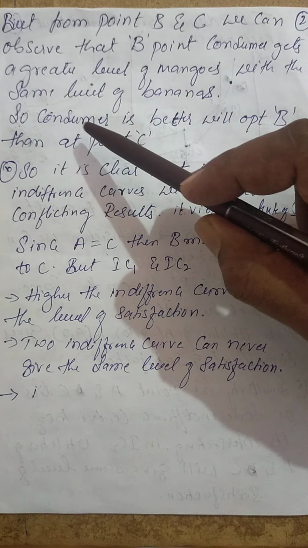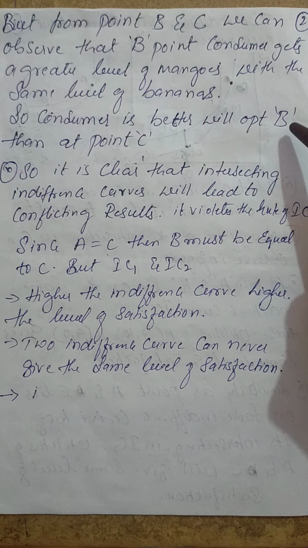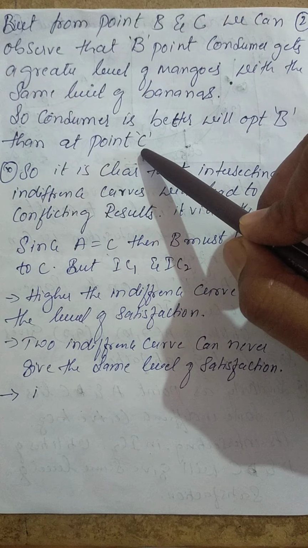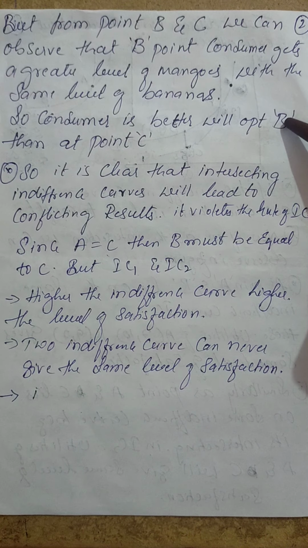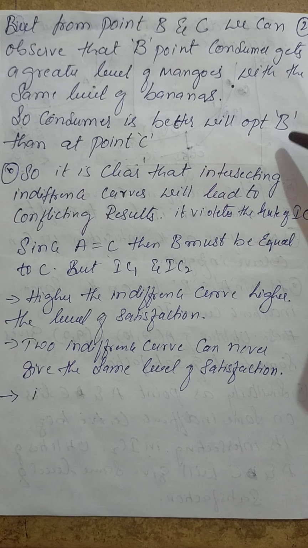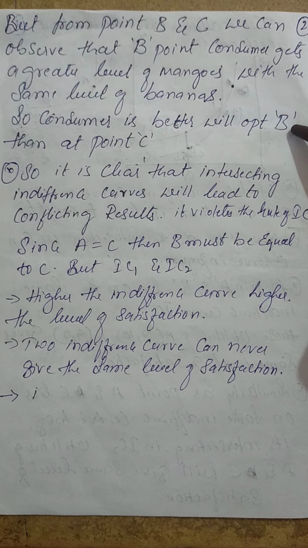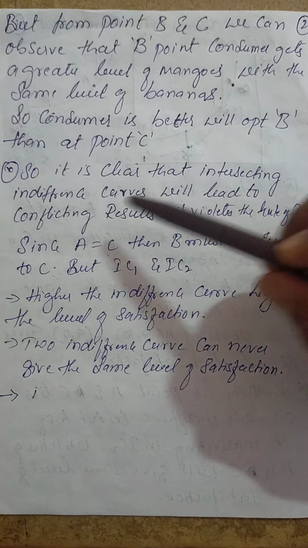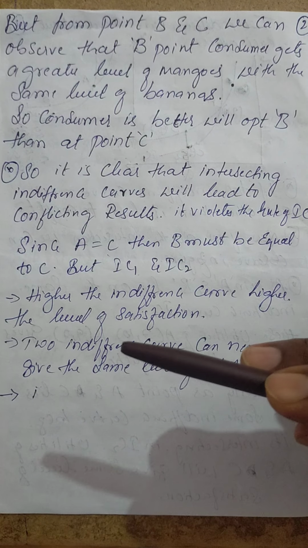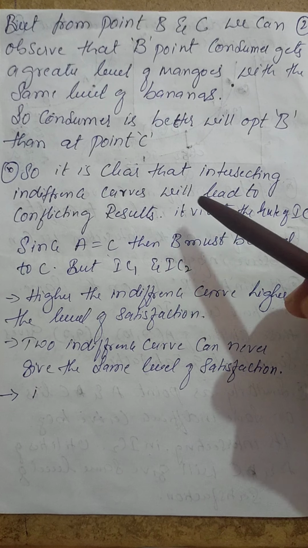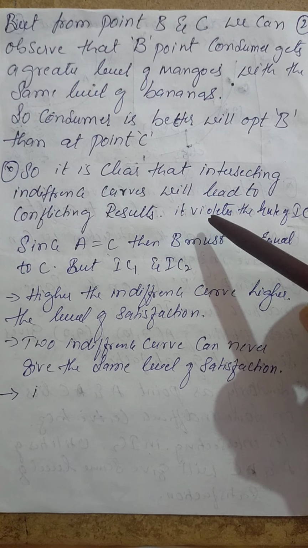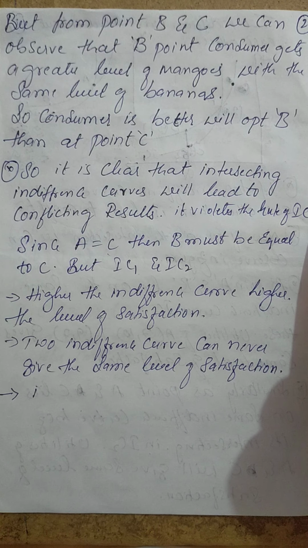So the consumer will opt for B over C, if you observe, because this is giving a greater level of satisfaction. One unit extra he is getting. No, not 1, he is getting 2 units extra. So it is clear that intersecting indifference curves, meaning indifference curve 1 and indifference curve 2, will always lead to conflicting results, and it is also a violation of the rules of the IC curve.